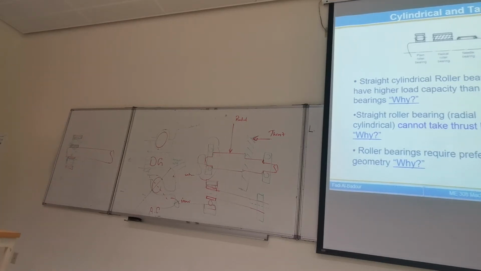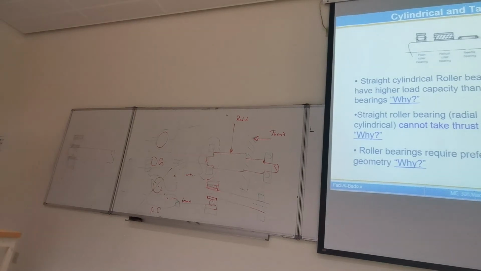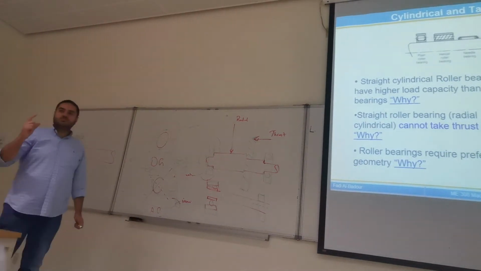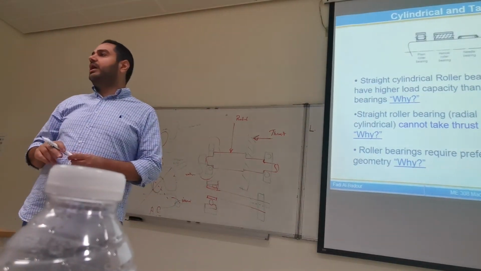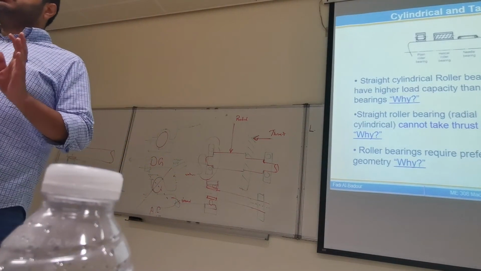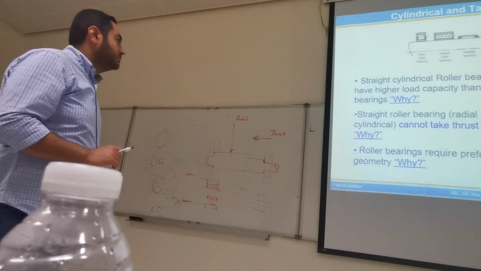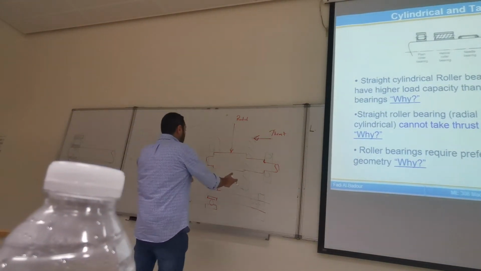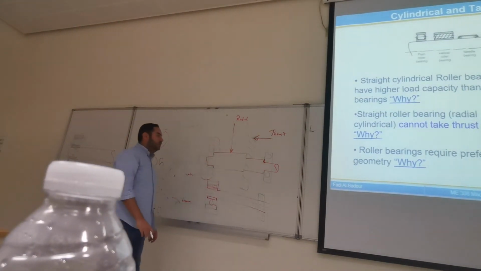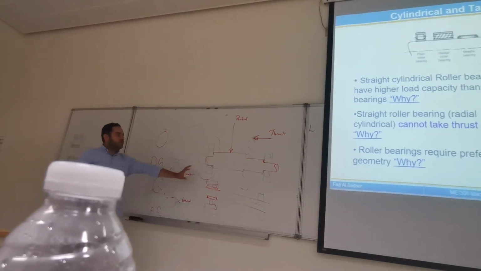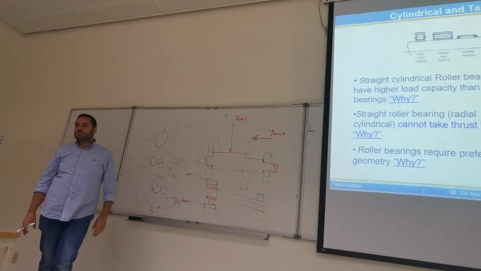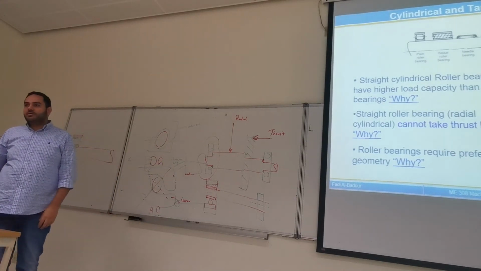So the only single advantage of the straight cylindrical roller is higher radial capacity. In a scenario with combined load, at the location where the bearing is going to carry the thrust load, I shouldn't put a cylindrical roller bearing.